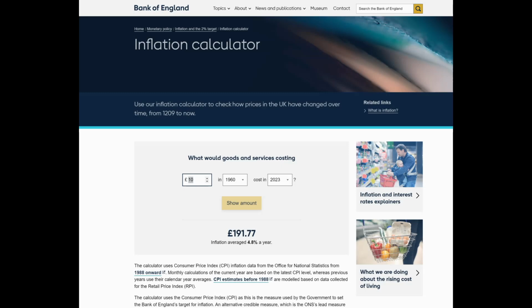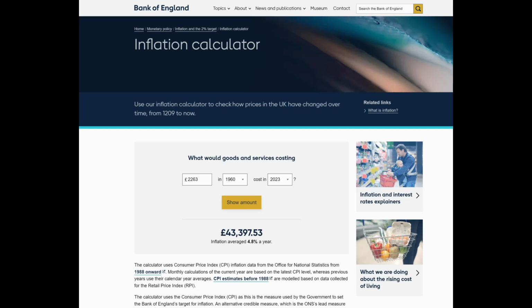Okay, so if we want to work out what the compound rate of interest was over a period of time, this is how we do it. So I happen to know that in 1960 an average home cost £2,263. Okay, the Bank of England inflation calculator shows that an average home would cost £43,397 if houses went up by the average inflation rate, which they don't.